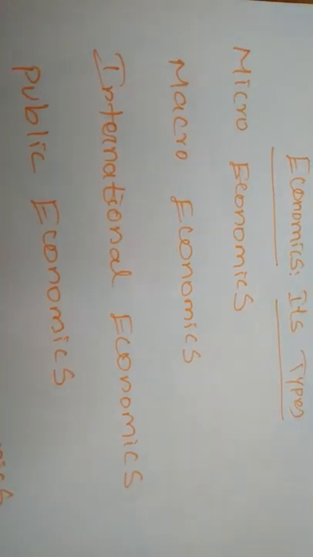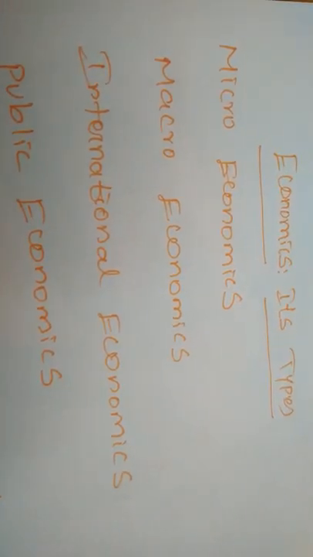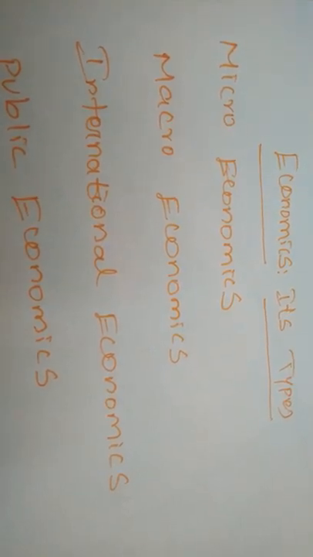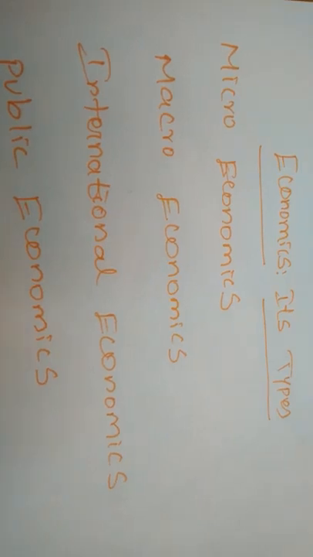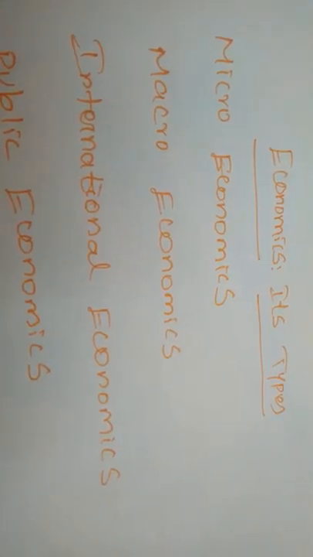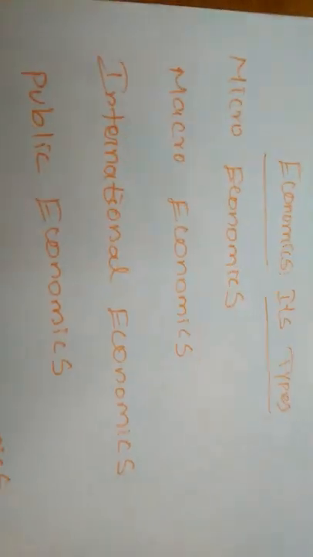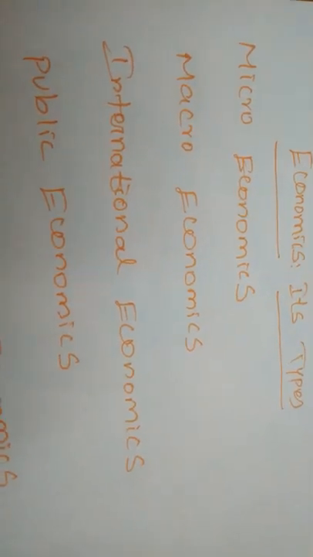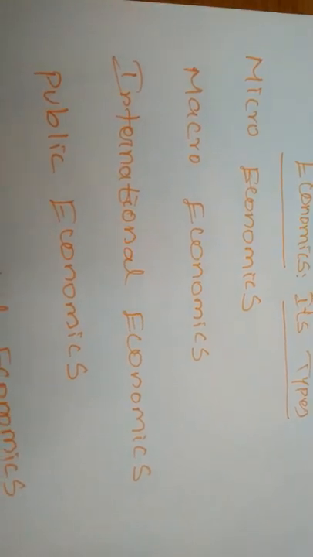Microeconomics is the study of the economic actions of individual units, called households, firms, and industries. If you want to study the economic actions of households, single firms, and single industries, it is called microeconomics.